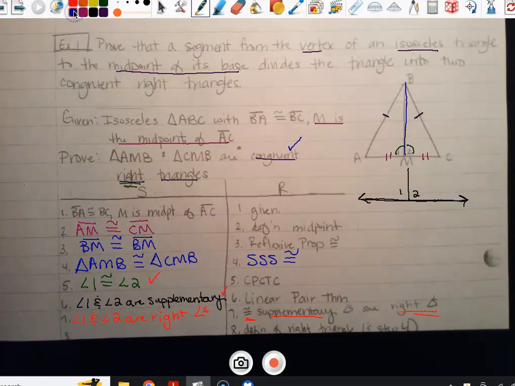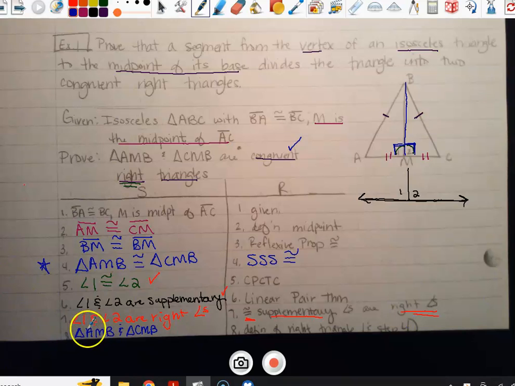Okay, which means I can then say, using the definition of a right triangle, the definition of a right triangle is any triangle with a right angle. So not only are these congruent, but they're right angles, which makes triangle AMB and triangle CMB congruent, which we proved in step 4, and that's why that says step 4 over here.